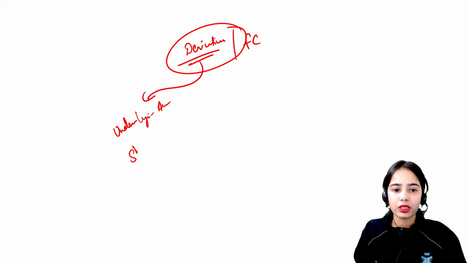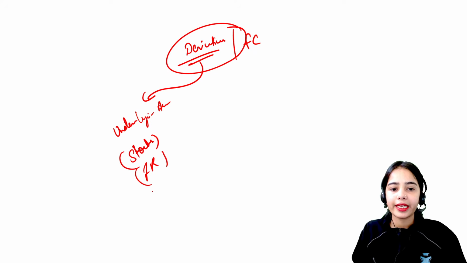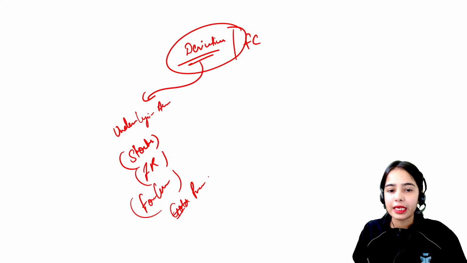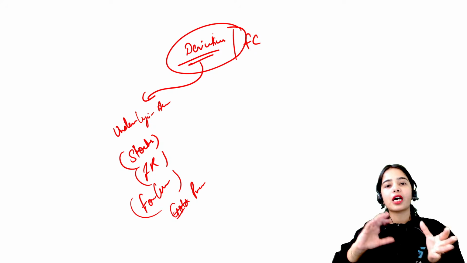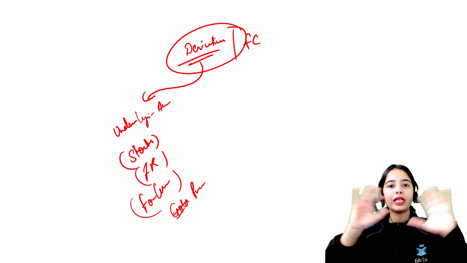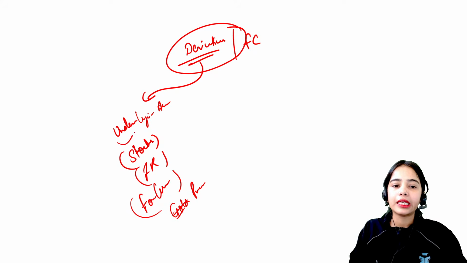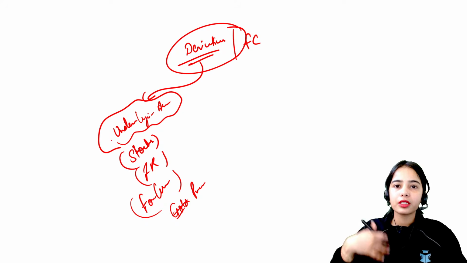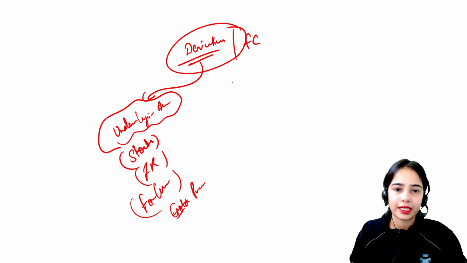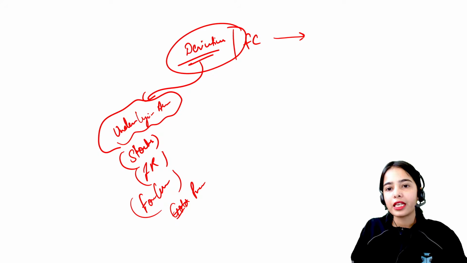It can be stocks, interest rates, foreign currency, gold or other precious metals, and such. So basically derivatives are financial contracts between two parties, and they derive their value from some underlying asset. It can be shares, interest rate, or XYZ, okay? Now these derivatives are called off balance sheet items.